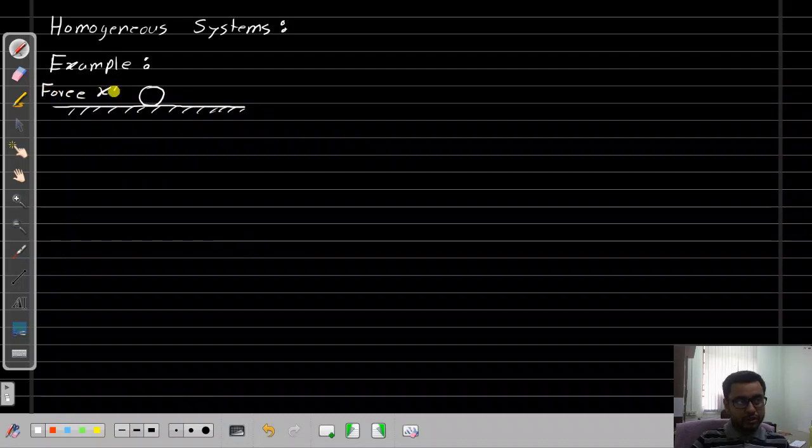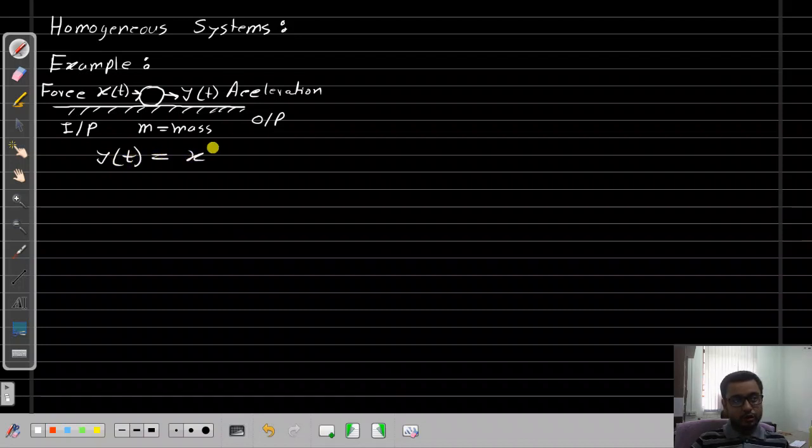Call this force x of t and that is the input. As a result, we shall get some acceleration, call that the output. Now let the mass of the object be equal to m. So the relation between the output and input is acceleration equal to force divided by mass.